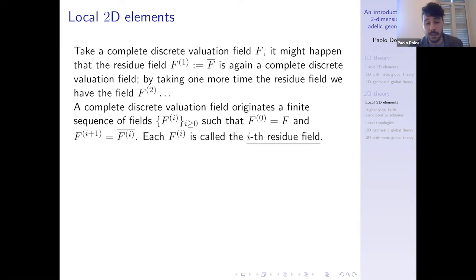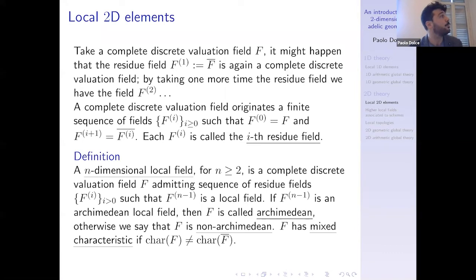Just in my slides it is i. Okay. And now we get to the fundamental definition of my talk, which is the n-dimensional local field. An n-dimensional local field is a complete discrete valuation field. So you have this sequence of residue fields, but when you get to the field of index n-1, this must be a local field in the sense of the first definition I gave today.